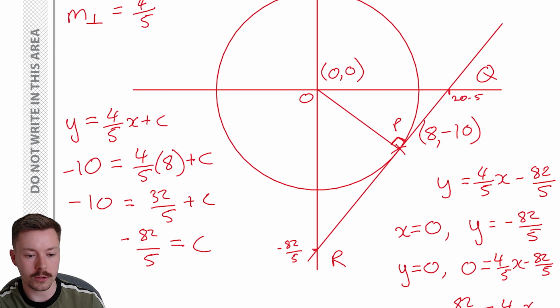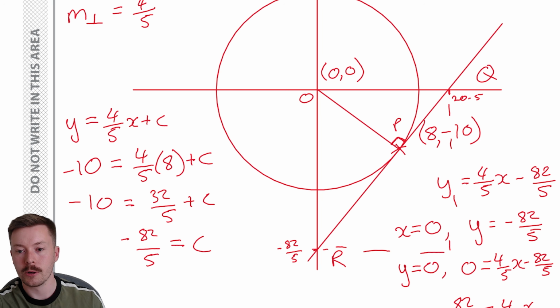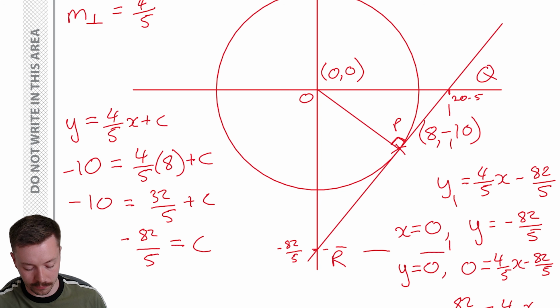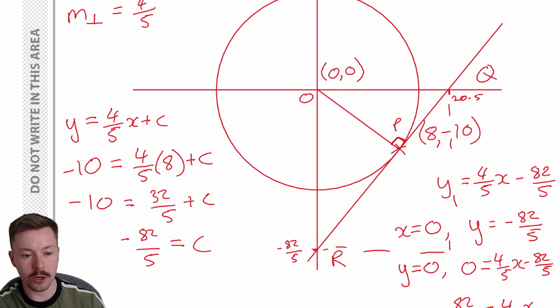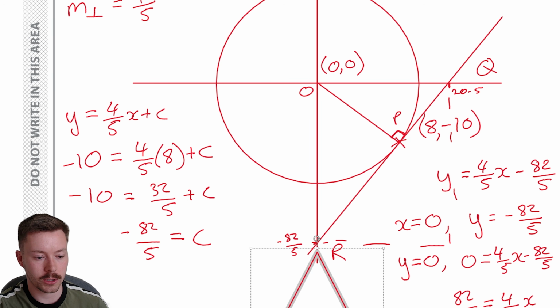And then what I've got, which is going to be a little bit more difficult to see now because I've written over the top of it, is a right-angled triangle, which I can use Pythagoras with, where the width is going to be 20.5. The height is whatever 82 over 5 is as a decimal, 16.4. I can't draw this shape very easily because the only shape I've got on here is a triangle that looks like this, which is not what we want.